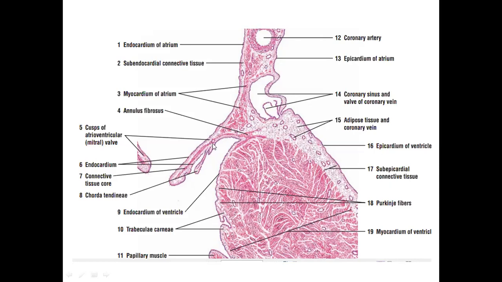This is basically a fibrous component, and that fibrous component of annulus fibrosus is present in the core of the valves. So valve histology is a bit different from the wall component of the atria and ventricles, but this is not going to be asked in very much detail in your practical.